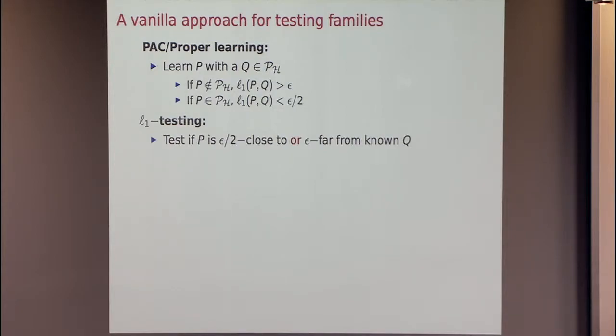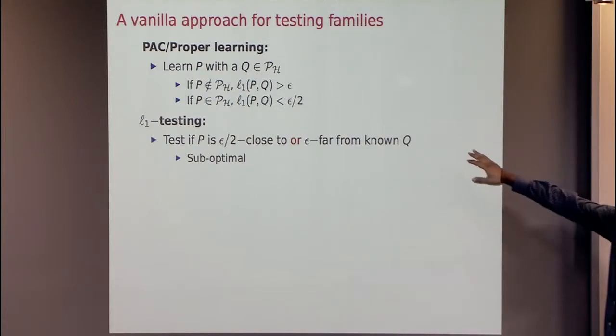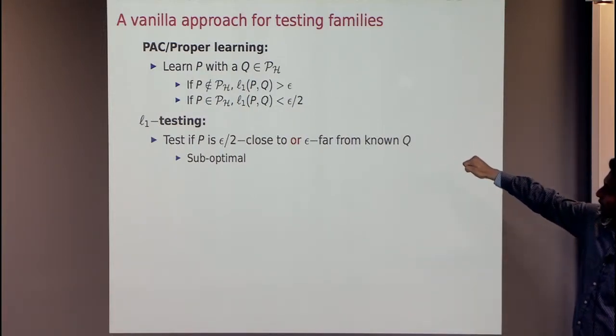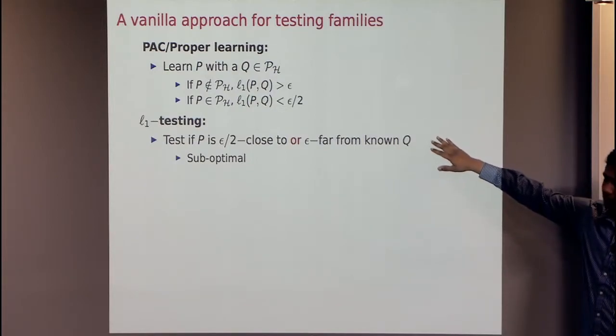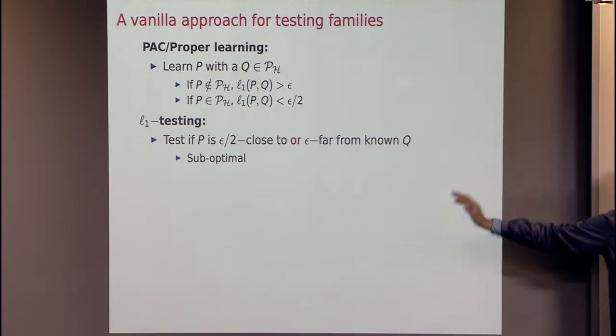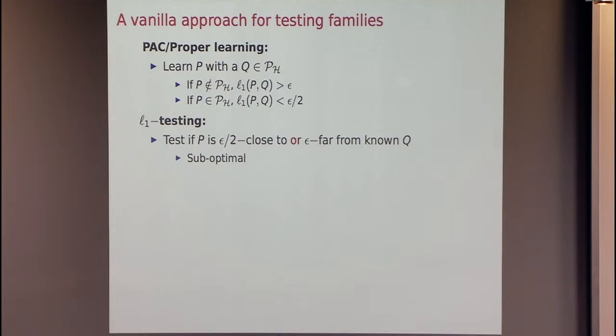Now you have the complete description of the distribution Q. Sadly, the optimal sample complexity of this problem is far from being optimal for testing the entire family of distributions. Namely, if you want to just solve this problem, the number of samples required is linear in terms of the support size of Q, which is equivalent to learning an arbitrary distribution.